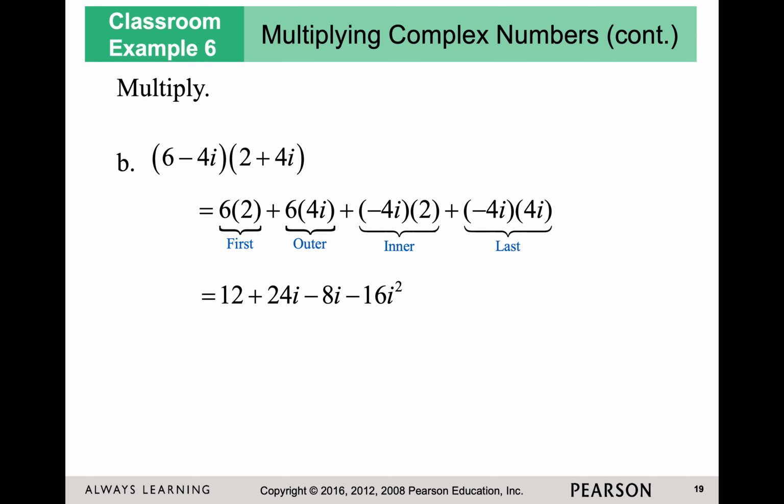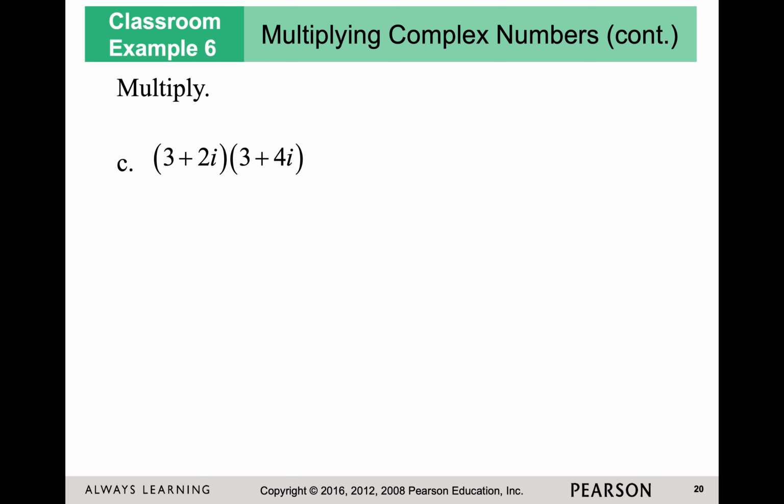So I'm going to complete that multiplication, and I see, oh, I can combine 24 and -8, and I also know that i squared is -1. So notice how I'm plugging in those -1s in parentheses. That's to help you do that arithmetic. Once you do that arithmetic, then it's fine to work with the negative values. Then I can combine the 12 and the 16 to get 28.